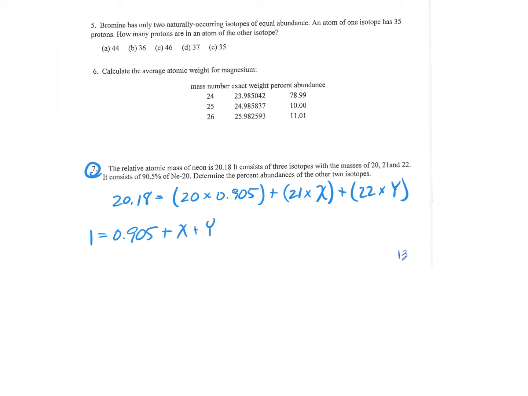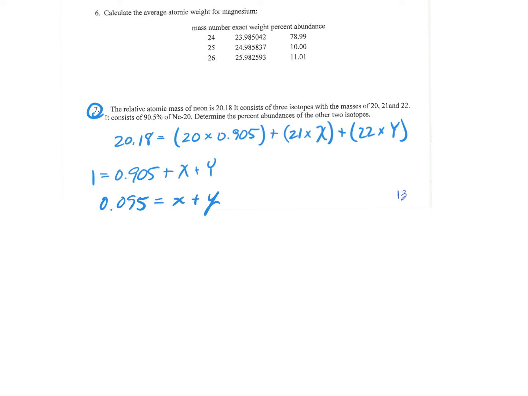Okay. All right, so you should recognize that if I take 0.905 plus the relative abundance of the isotope 21, which is X, and the relative abundance of isotope 22, which is Y, I should get a total of 1, right? So what I'm going to do now is solve for Y here.